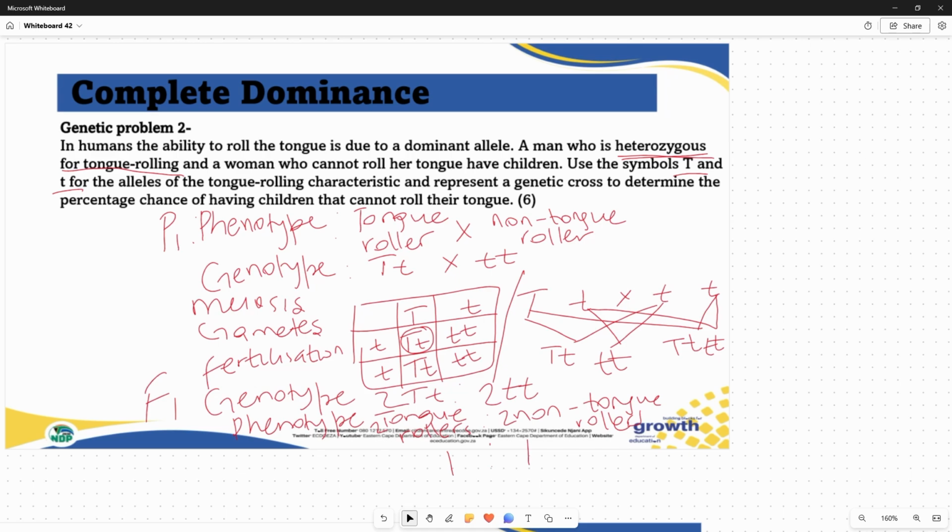So let us just represent it here on the side, the percentage chance for having children that cannot roll their tongue. So it means here we have got 2 non-rollers. So out of the 4 children, 2 of them cannot roll their tongue. Remember, for a percentage, we always multiply by 100. So it means there is a 50% chance of having children that cannot roll their tongue.